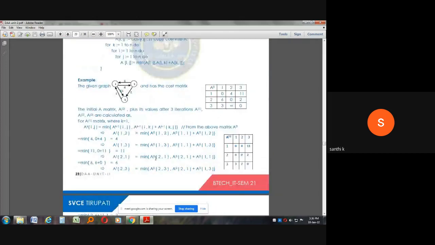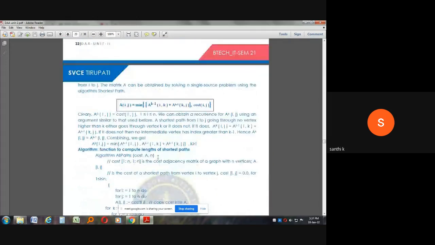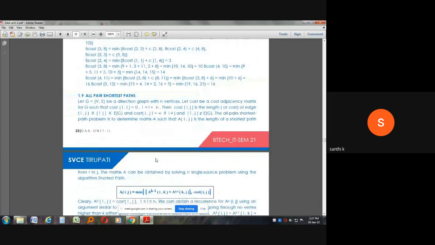So the next is the all pairs shortest path problem. Here in this problem, we will be given a directed graph G equal to (V, E), where V represents the number of vertices and E represents the edges.